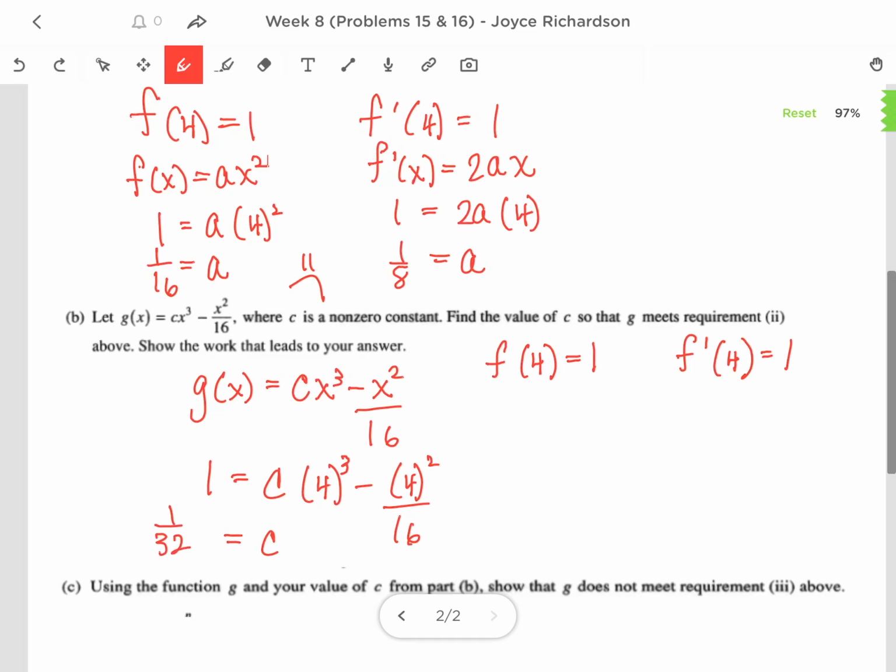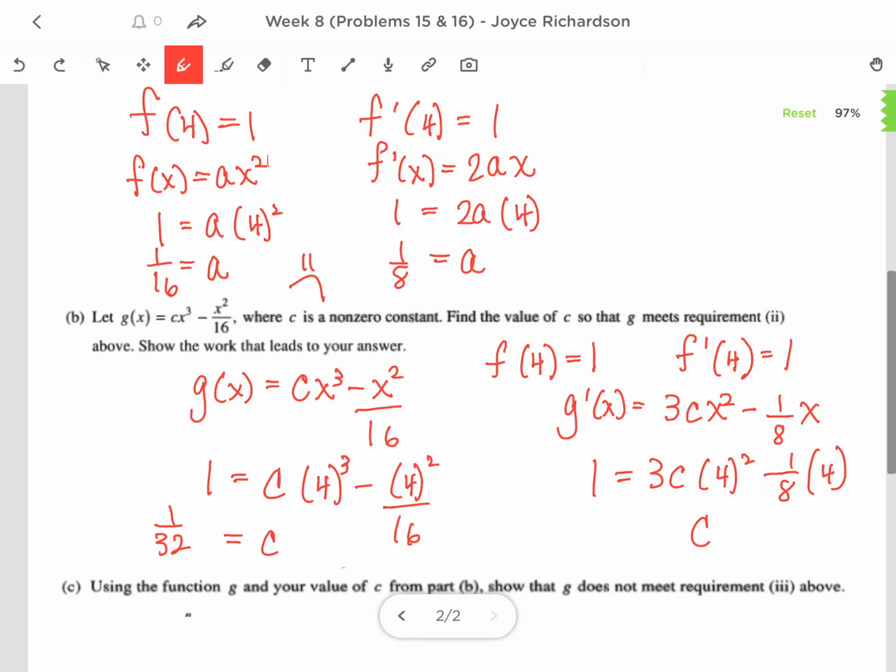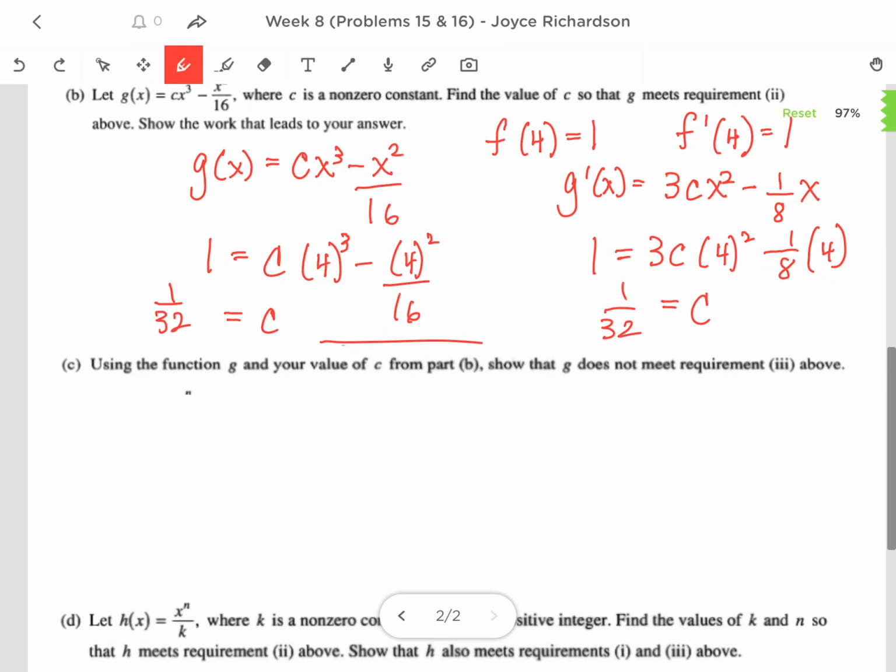And I'm going to double check that with g prime of x, which is going to be 3cx squared minus 1/8 x. I'll plug in 1 is equal to 3c times 4 squared minus 1/8 times 4. And if I solve for c again, I'm going to get c is equal to 1/32 again. So yay, we got the same value. And that was a lot of work for just 1 point.